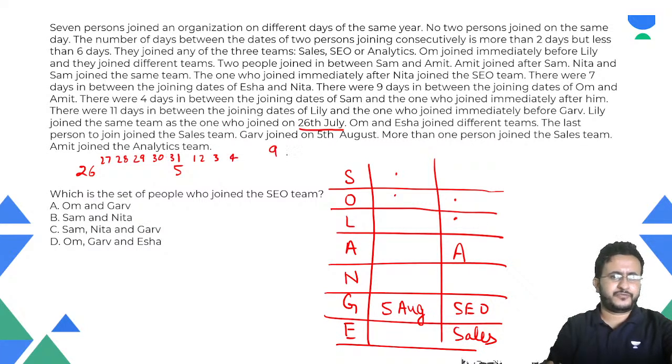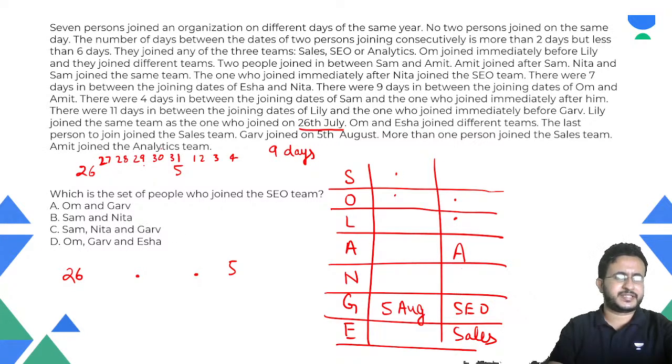So we have a total of 9 days. The gap in between is 9 days. Now in 9 days, how many people can we put? Can we put 2 people? Between 26 and 5, even if we give a minimum gap of 3 days, it is given that the gap was 3 to 5 days, right?